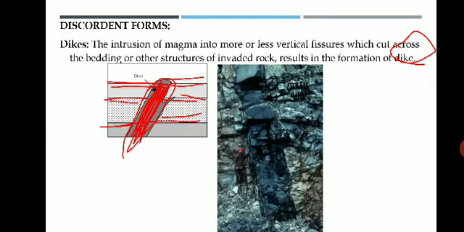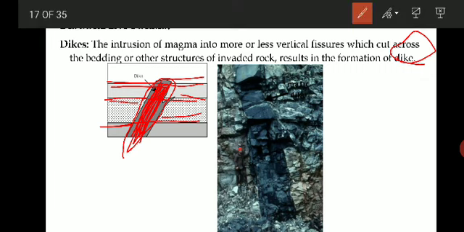You might have got a clear idea now what a dike is. You can see here in the image, this body is different from the rocks on either side of the intrusion. This is the magmatic intrusion, a mafic dike, which is dark in color, and it is different from the side rocks.